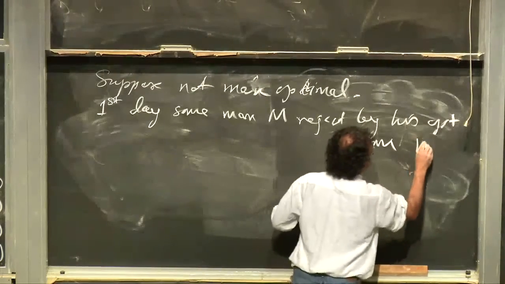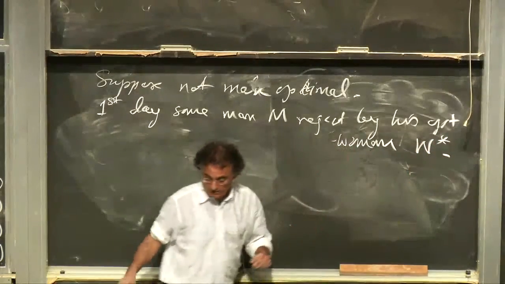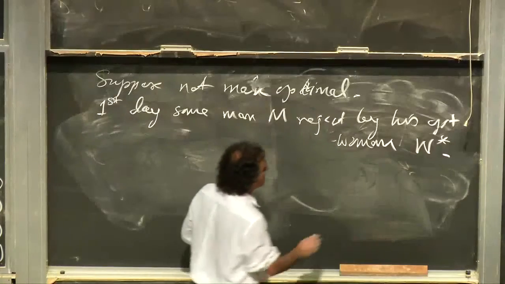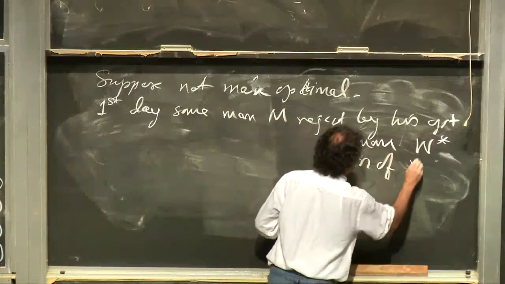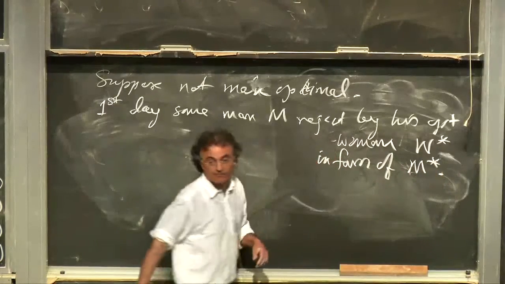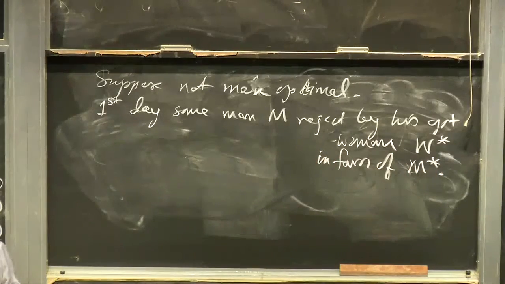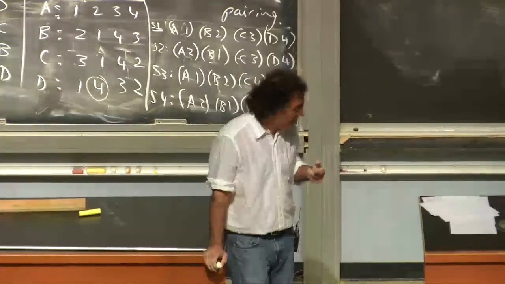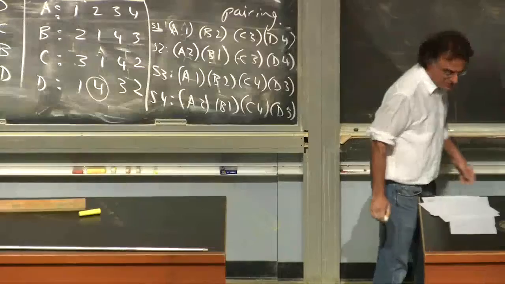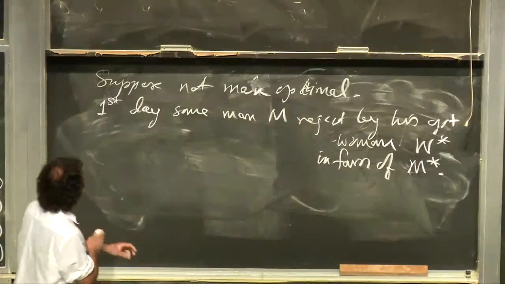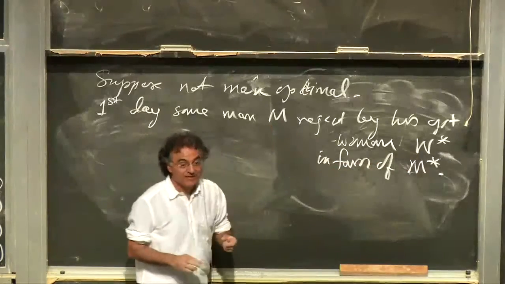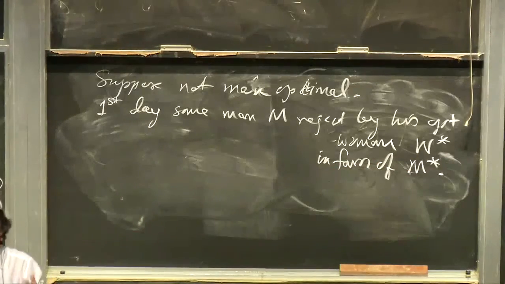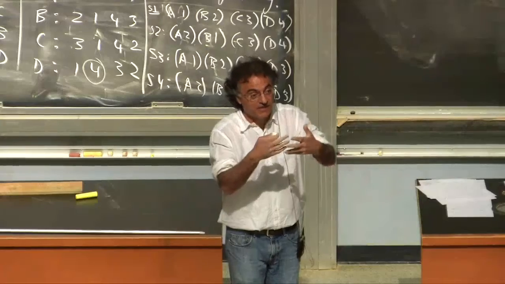Let's call her W star. Okay, she rejected him in favor of M star. Right? Must be the case, right? If that happened. So now, since W star was his optimal woman, to be optimal, they have to be in some stable marriage, stable pairing, right?